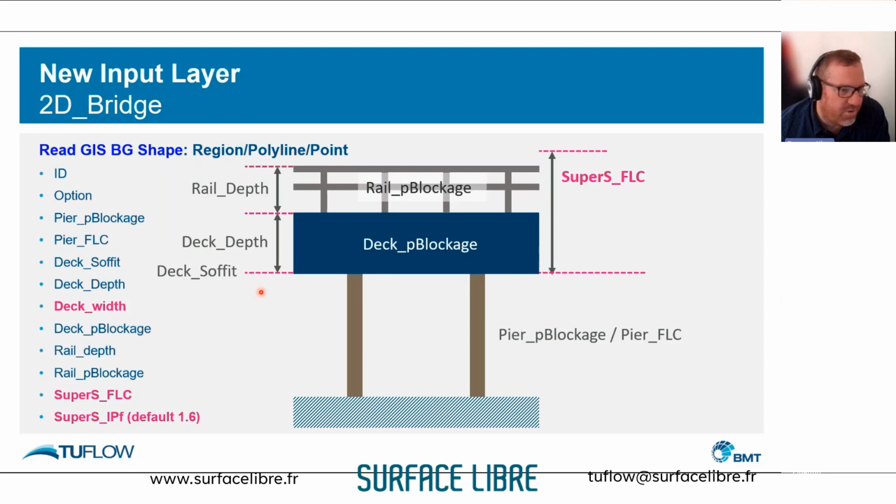So our form loss coefficient is for that superstructure, and then we've got this inflection point, which is the point of the peak form loss coefficient, and then it starts to decay. So the default is that 1.6 that we saw previously.